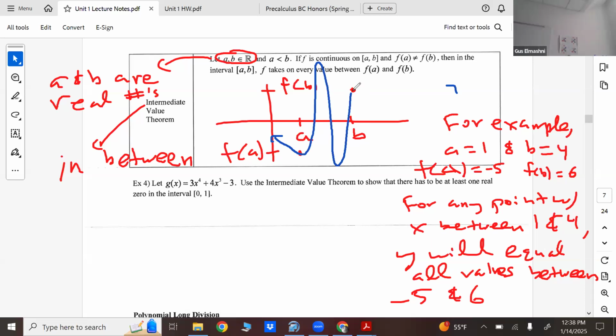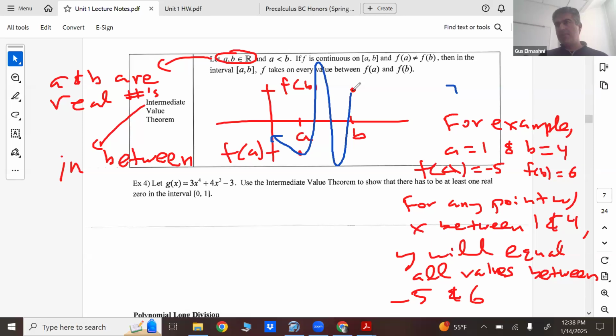That doesn't have to be the highest Y value in the interval. It could be way up there. That doesn't have to be the lowest Y. It could be way down here. But is every Y value between -5 and 6 still taken on? It is, as long as you're continuous. You have to be continuous. If you're not continuous, all bets are off. You have to be continuous for this to happen.